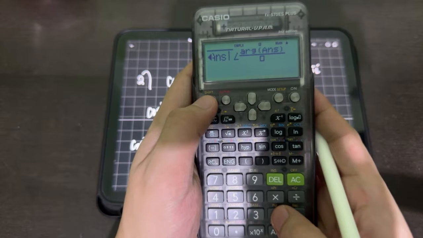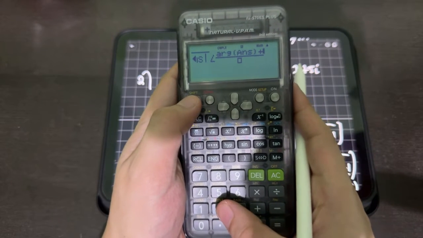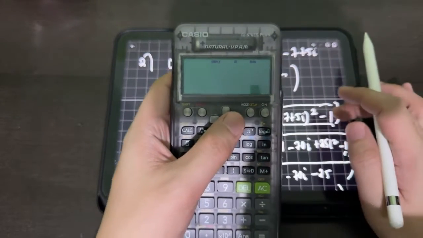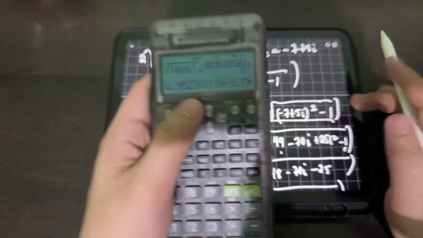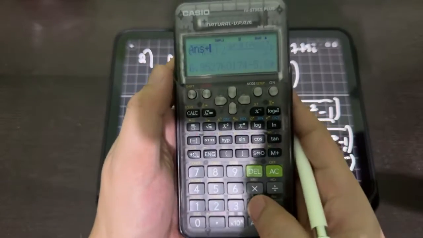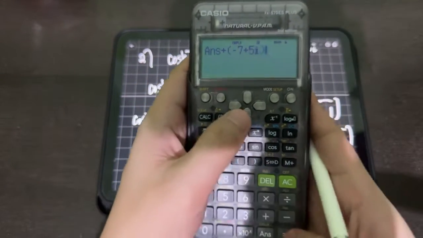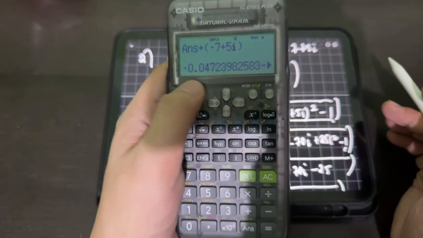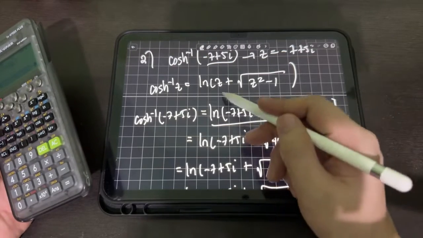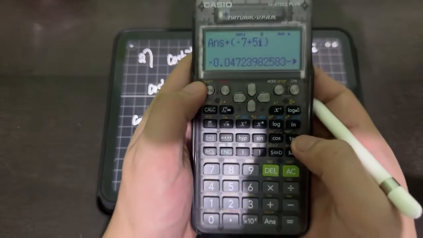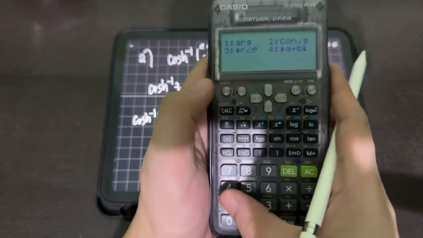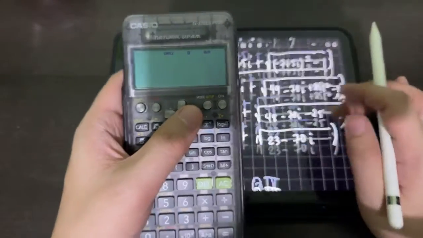So if we're getting the principal root, set k to 0, so you add 2 pi times 0 over 2. So this is the principal square root of this expression. Then you need to add negative 7 plus 5i. So plus quantity negative 7 plus 5i. Okay. So this is now the answer for the expression inside this ln. Then get the ln of this. So input ln, shift hyp, plus I shift to 1, ans, equal. Okay, let's check.